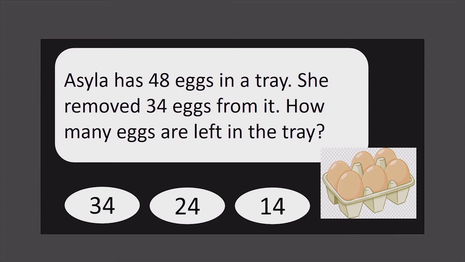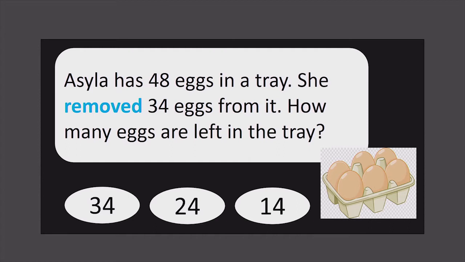So what is the first step? Yes, very good. The first step is to find the vocabulary related to subtraction. So what is the word in this question? Yes, it is removed.